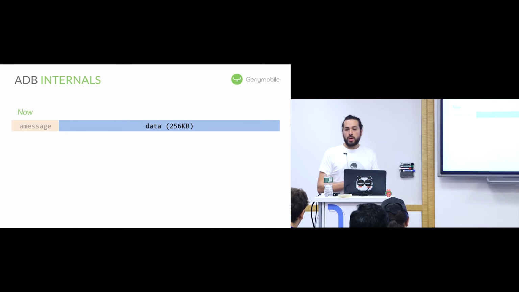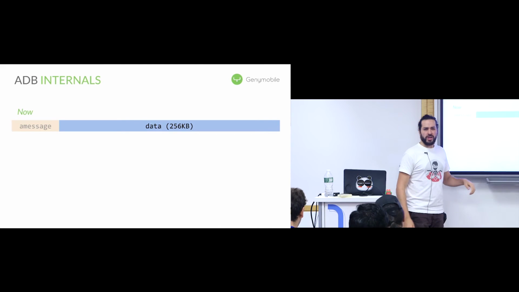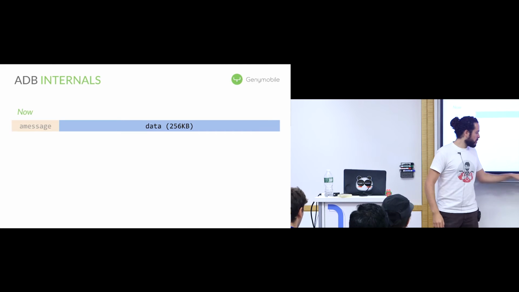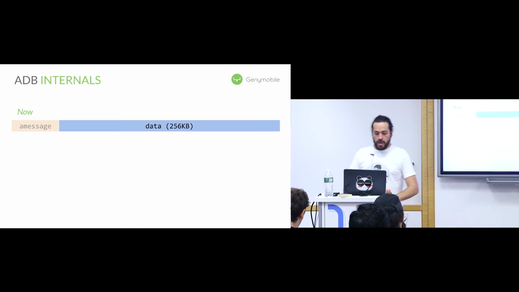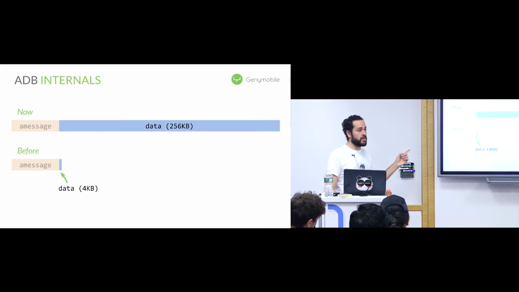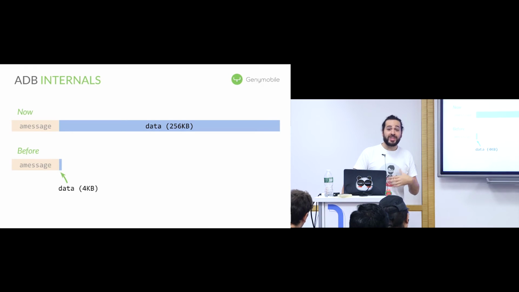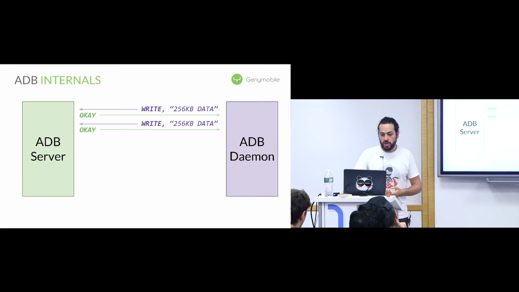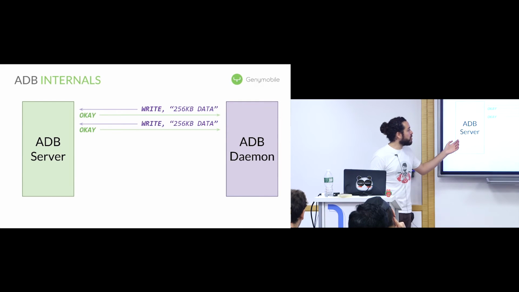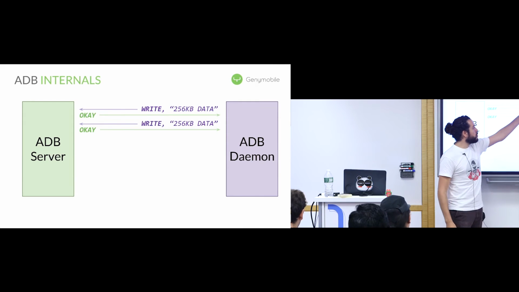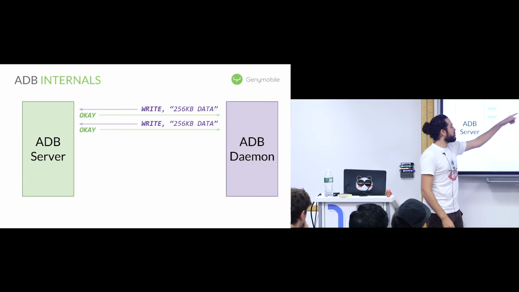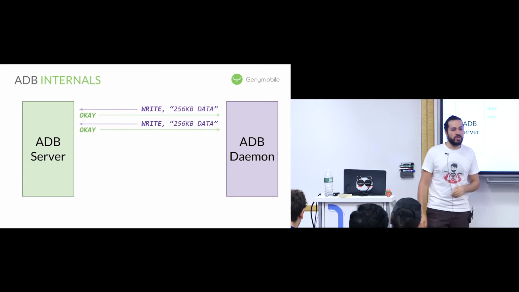So on the current devices and the current ADB, the maximum message payload size is 256 kilobytes. Yes, so that's now. But before, it was 4 kilobytes. So if we try to figure out what's happening for real and what's the change, we have this example of a payload that requires two writes from the daemon, so 2 OKs in return.